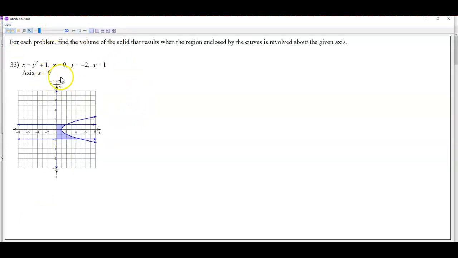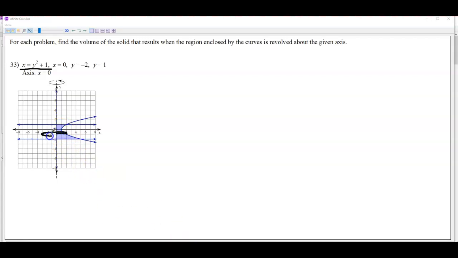Once again, we're back to a vertical axis of revolution, which means that we're integrating with respect to y, and our equation should also be in terms of y. Your radius will be the distance from your curve, which is this parabola here, to the axis of rotation. So this horizontal distance here, or anywhere really along that curve.